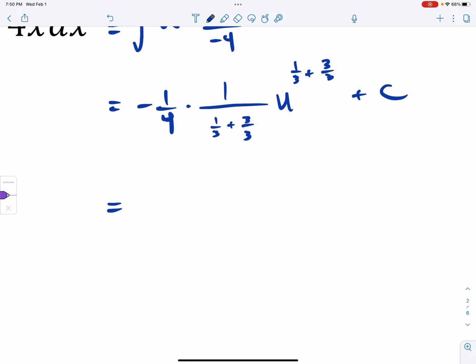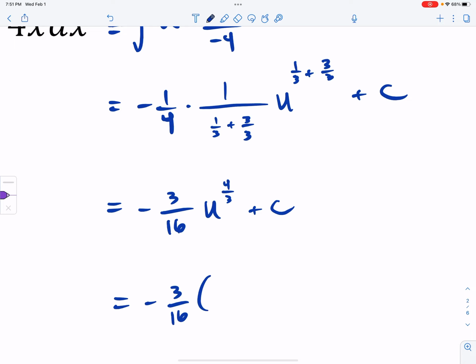Okay, so that would be -1/4. And then that ends up being 1 over 4/3, so 3/4. So -3 over 16 u to the 4/3 plus c. And then finishing by substituting the 1 minus 4x back in for u.